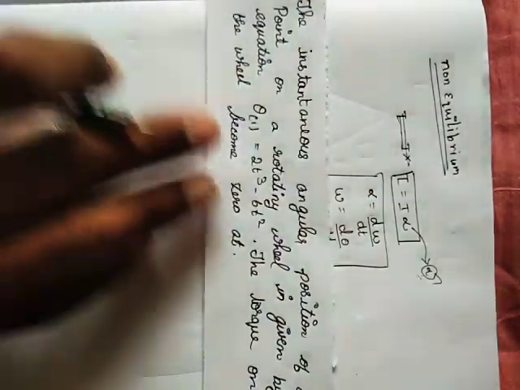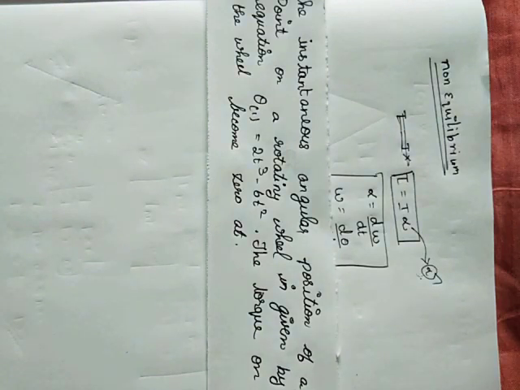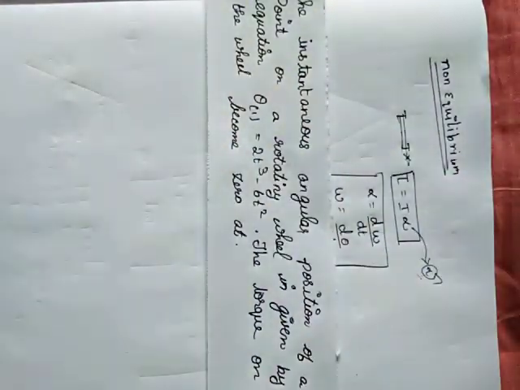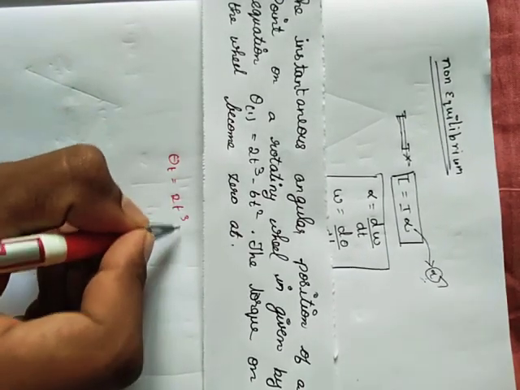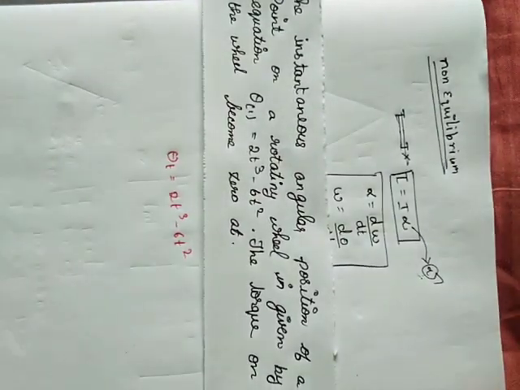Now I'm going to take another question for you. The instantaneous angular position of a point on a rotating wheel is given by the equation, angular displacement is 2t cube minus 6t square.